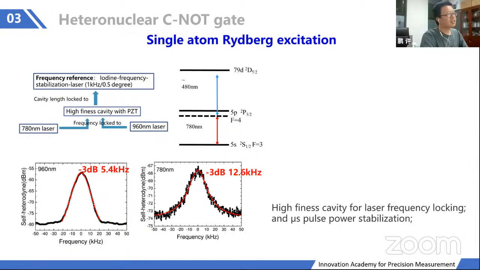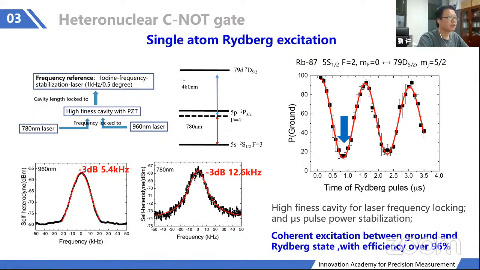But exciting the atom to the Rydberg state is not an easy task, because the Rydberg state has a long lifetime, which means to excite the atom from the ground state to the Rydberg state, you need a very good laser system. This laser system should have a very narrow line width, good power stabilization, and stray electric field compensation.